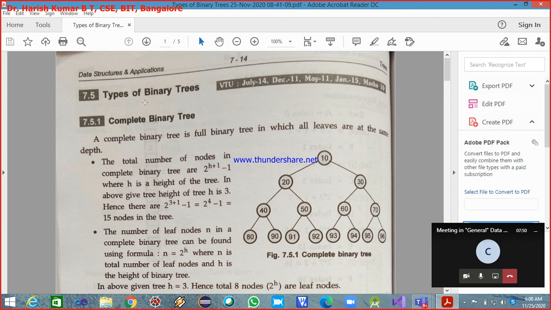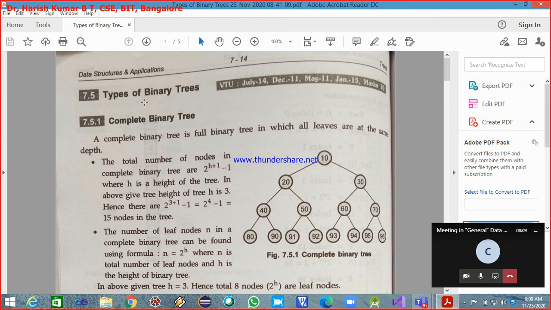Okay. So binary tree. Why is it called a binary tree? Because every node, or in other words, an internal node, can have at most two child nodes.